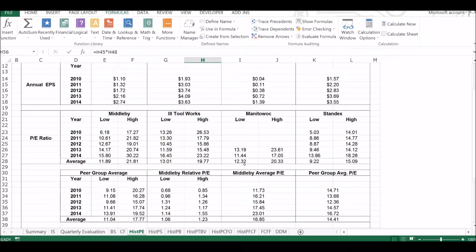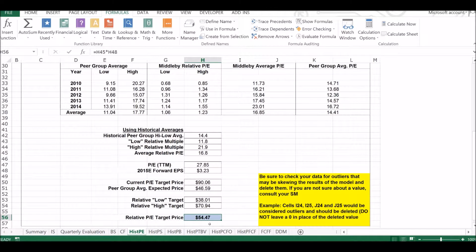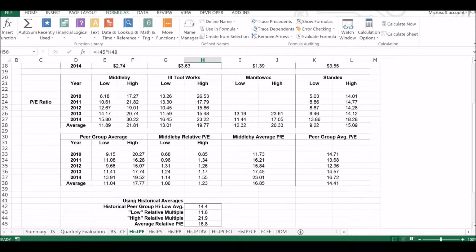But obviously that's not the case, because you're looking at outlier years there, which may have been bad for this particular business, and so on. So with those numbers removed, you get a more appropriate target price, because you see that everything is kind of within an appropriate range here.